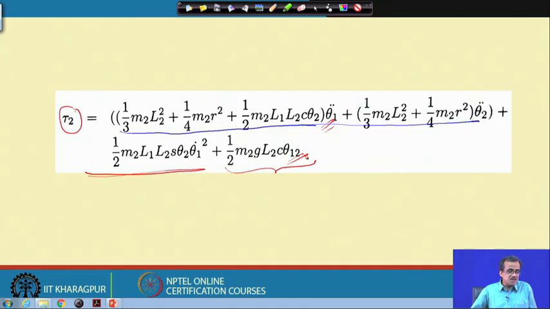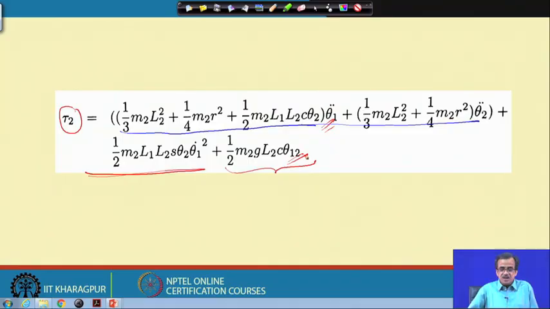So, theta 1 has got significant contribution on the joint torque 2, and that is why these contributions are coupled contributions. Due to this coupling, the better way should be to consider the multiplicity dynamics and show that the coupling terms we can consider very efficiently, and you will be getting a very good expression for this particular tau 1 and tau 2.